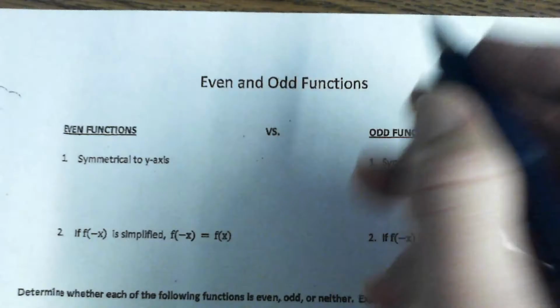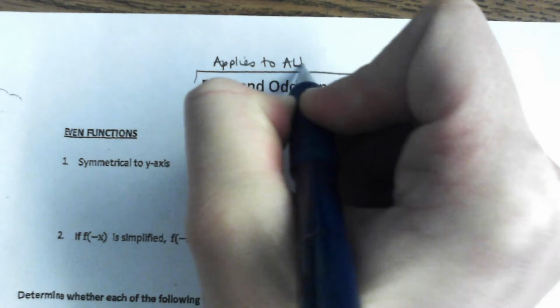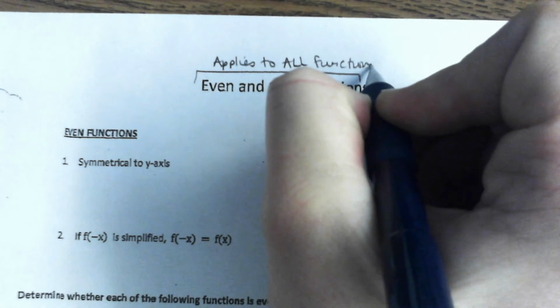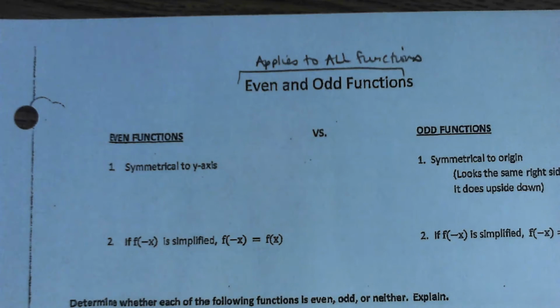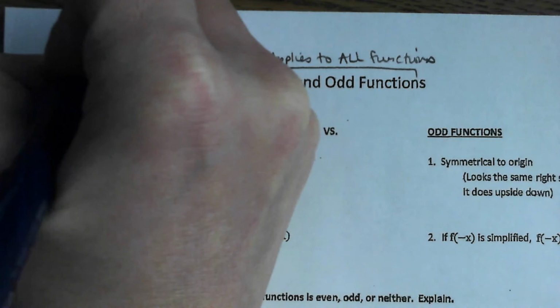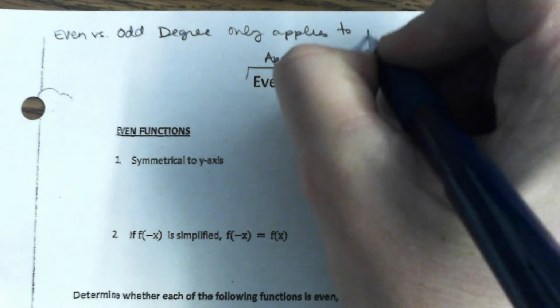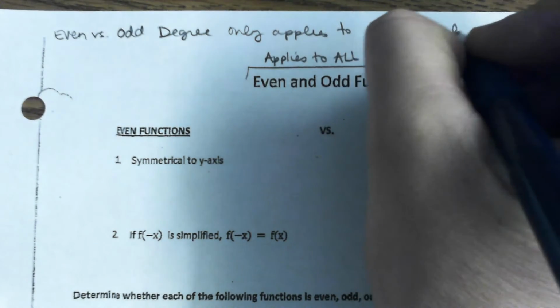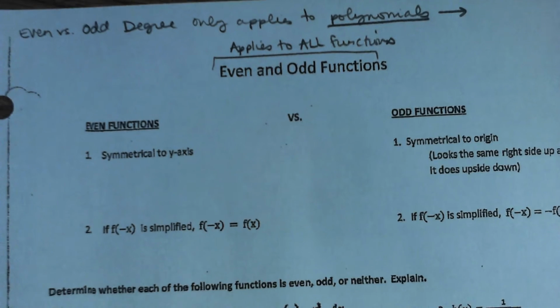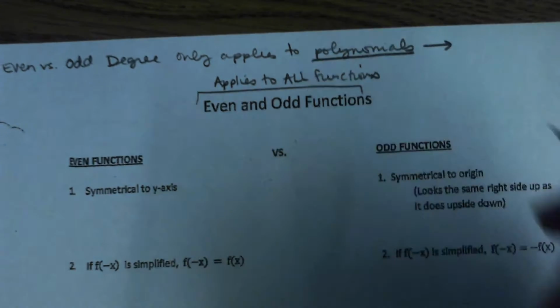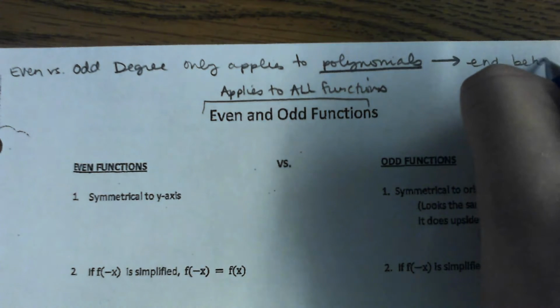This applies to all functions, whereas the degree stuff that we've been talking about, even versus odd degree, only applies to polynomials. And not only that, but even and odd degree applying to polynomials talks about end behavior.